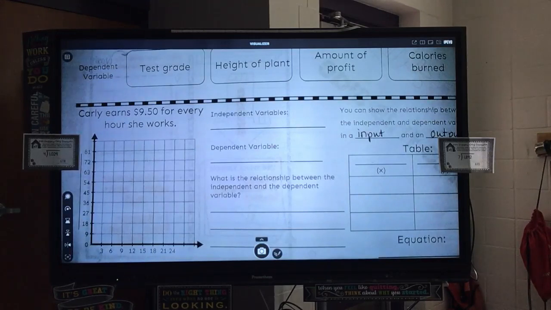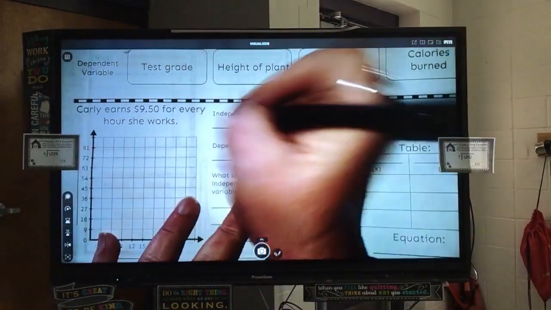Okay, how many of you think it might be the other way around? Kaylee, I have a question for you. The hours spent working determine the amount of money she makes. Is that true? Because the amount of money she makes would not determine the hours she worked. Okay, so your independent variable is hours worked.